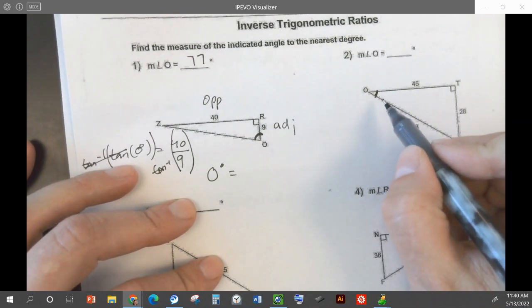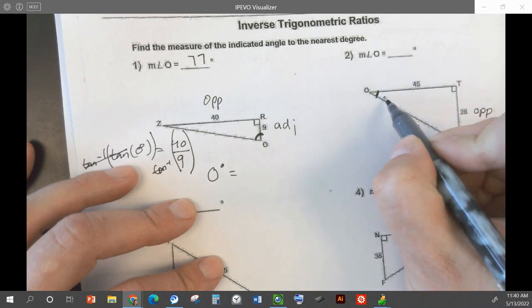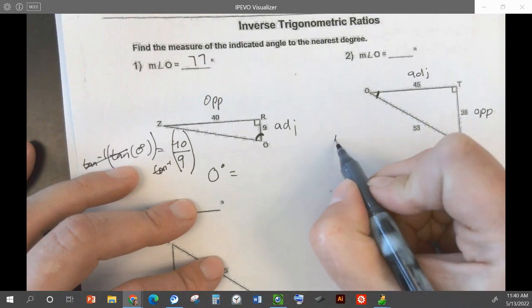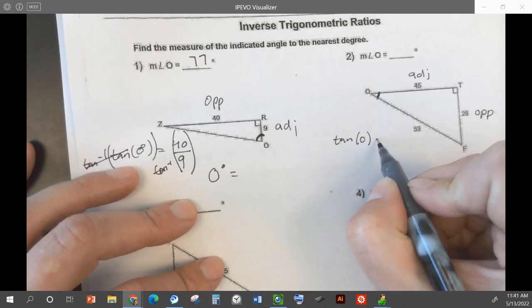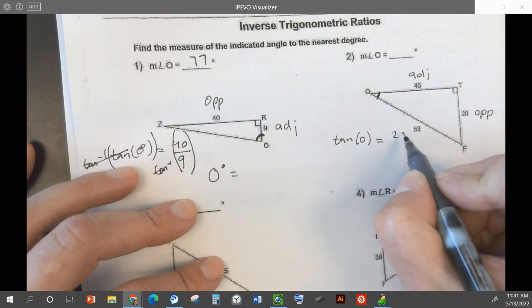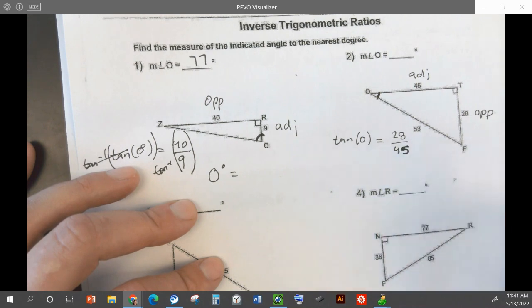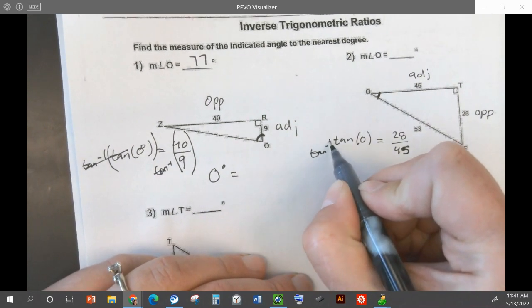So if we are using tangent, we need the opposite. This is our opposite side. And we need our adjacent side. This is our adjacent side. So tangent of O equals the opposite over the adjacent. Oops, 45. And then all we have to do is get rid of tangent. So do tangent inverse on both sides.